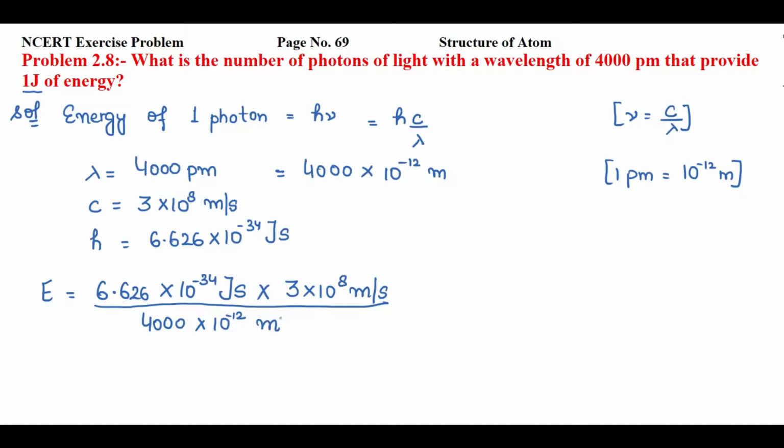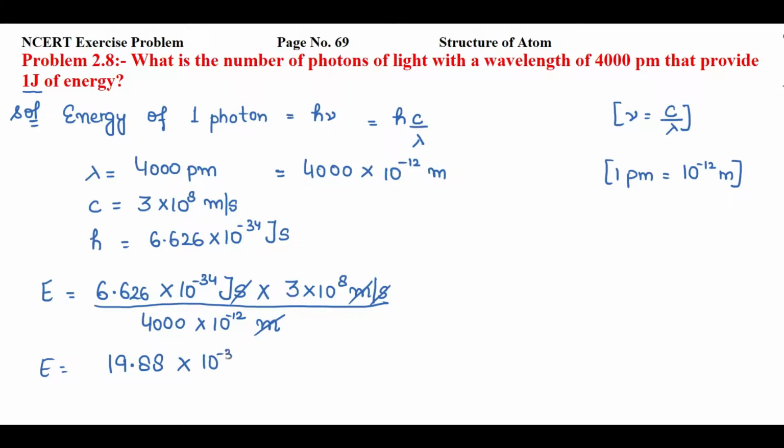We'll cancel the units first. Meter is cancelled with meter, second with second inverse. Now the unit of energy is joule only. When you multiply 6.626 with 3, your answer will be 19.88.